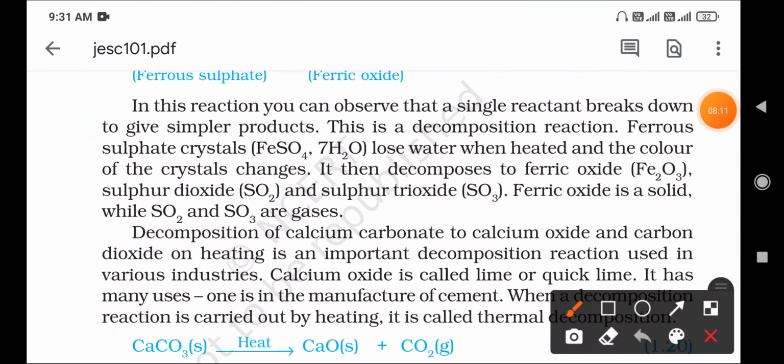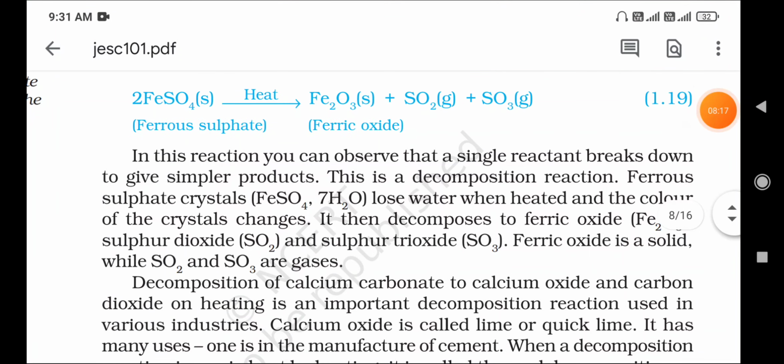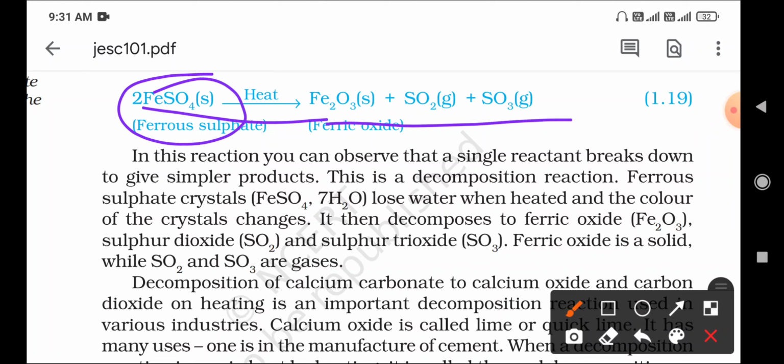In this reaction, you can observe that a single reactant broke down into simpler products. This is very important. So this is called the decomposition reaction. What is the decomposition reaction?